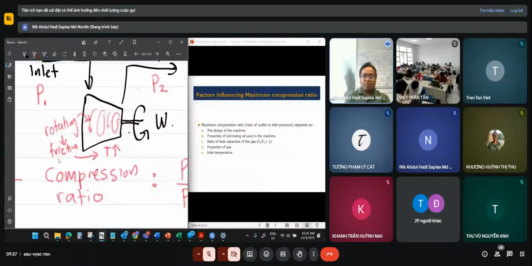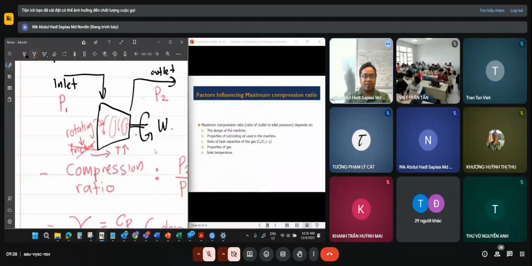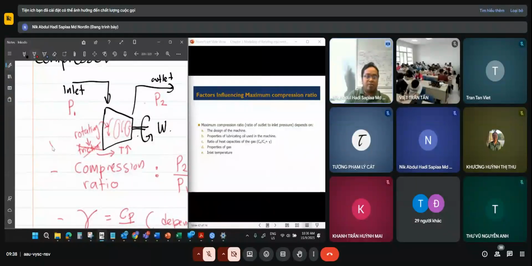In order to minimize the friction, we need to use lubricant, so that the temperature would not increase excessively.